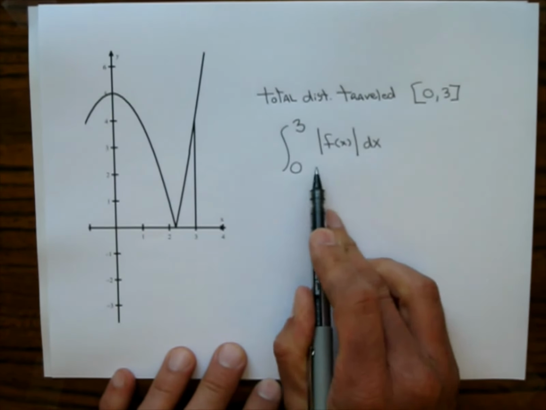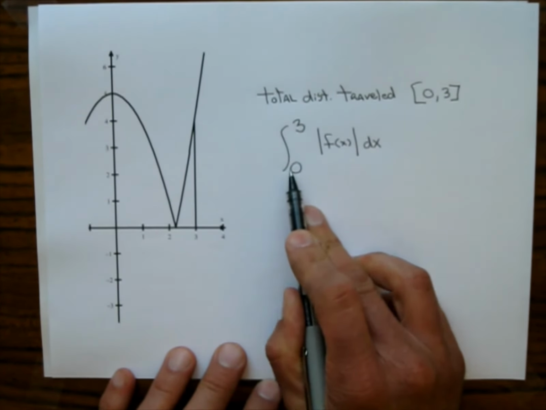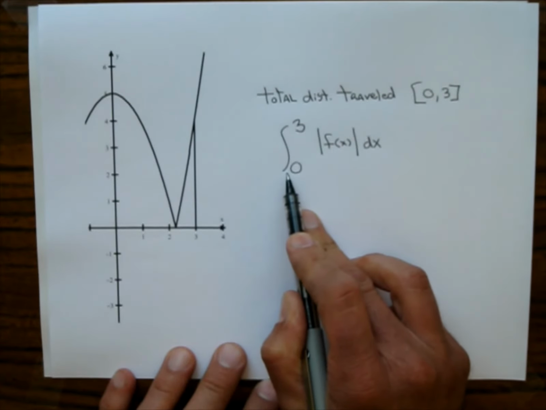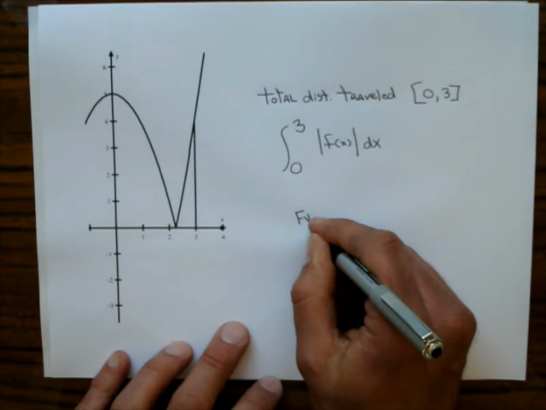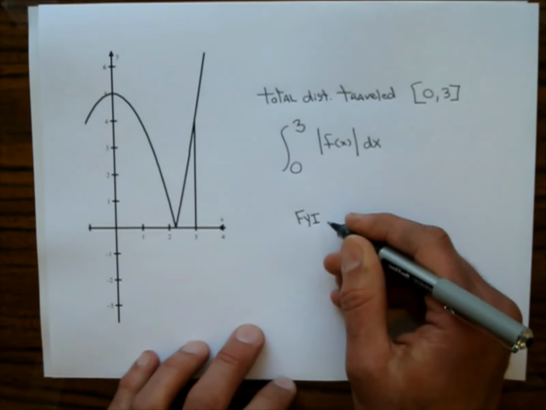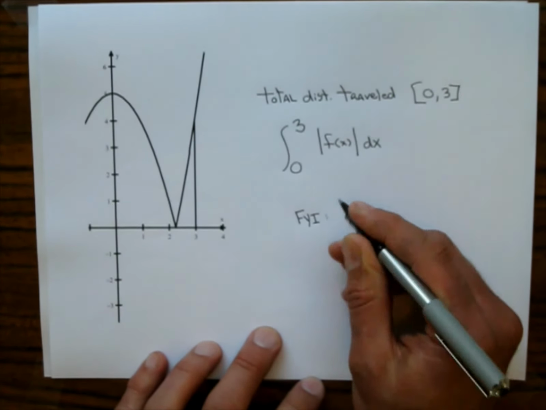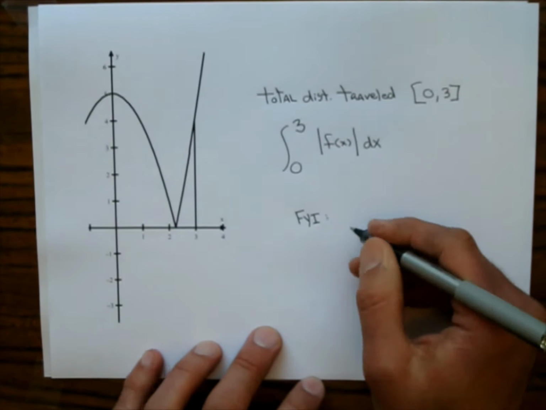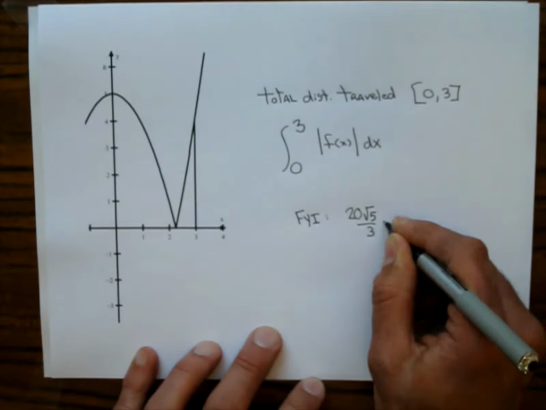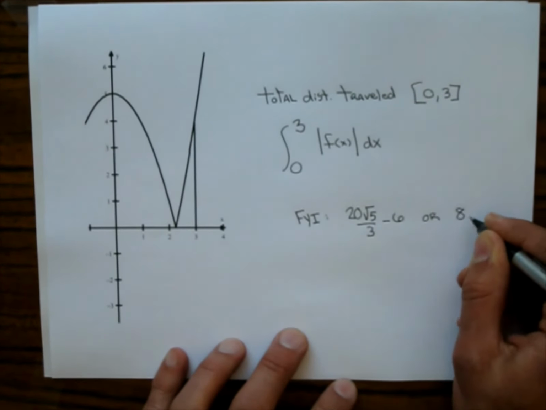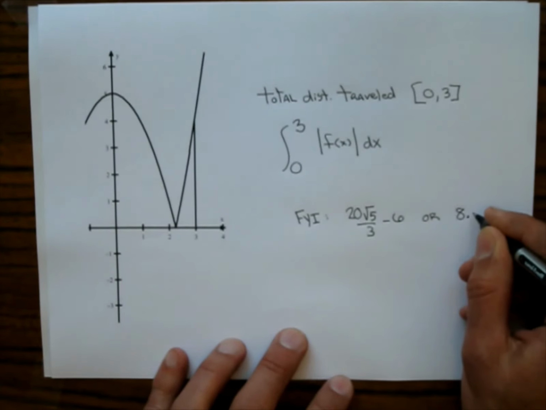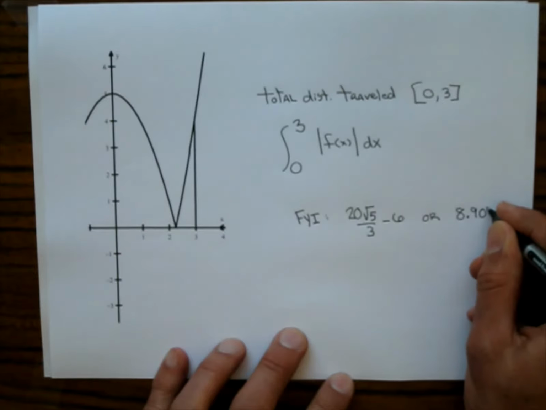Now, we don't know how to crank these out yet, and we think this definite integral has something to do with the antiderivative, and it does. This is just FYI, and we can come back to this. The total distance traveled is actually 20 root 5 over 3 minus 6, or I'll round it to 3 decimal places, 8.907.